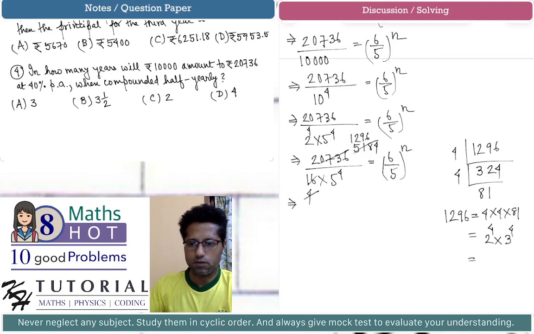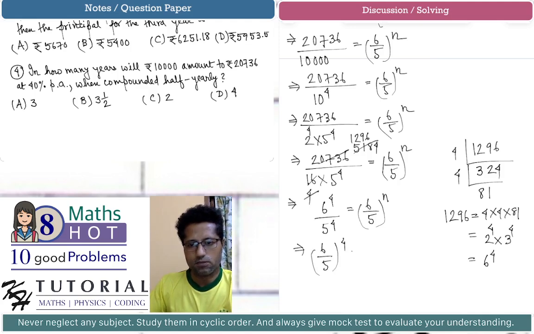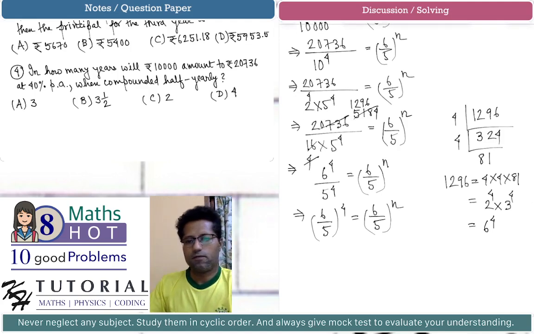So this is equal to 6 to the power 4. So this becomes 6 to the power 4 divided by 5 to the power 4 is equal to 6 by 5 whole to the power n. So 6 by 5 whole to the power 4 is equal to 6 by 5 whole to the power n. Hence we can say from here that n is equal to 4.